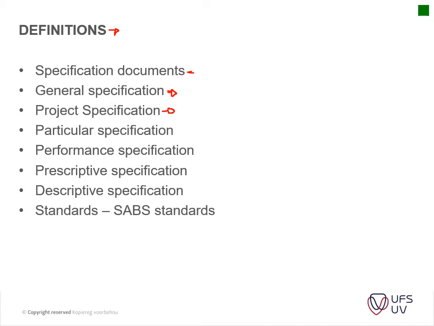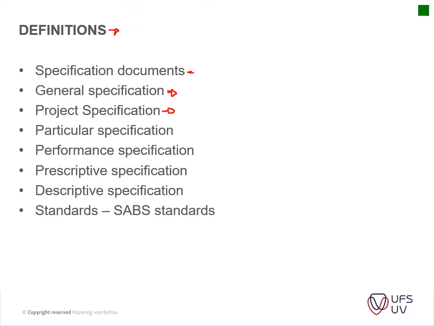For instance, if we had a project in the Glaspaleis where we added a 9th floor on top of the 8th floor and a 3rd floor on top of the 2nd floor, then you would describe that in your project specification, and health and safety would be very important. So it's very specific items that the contractor should price.